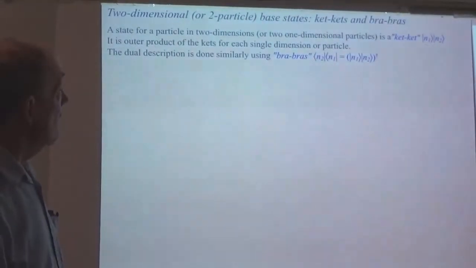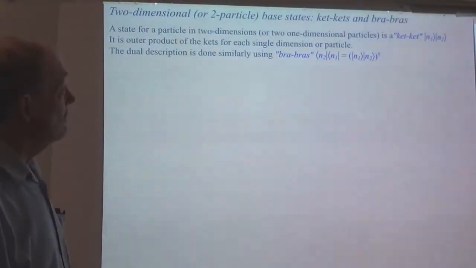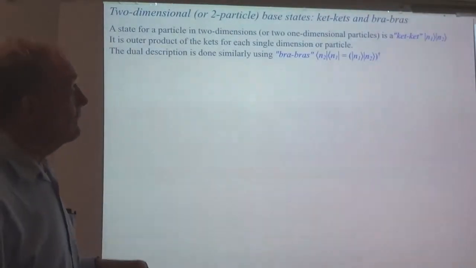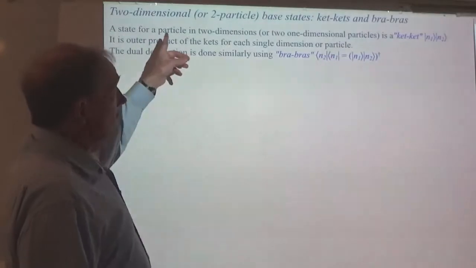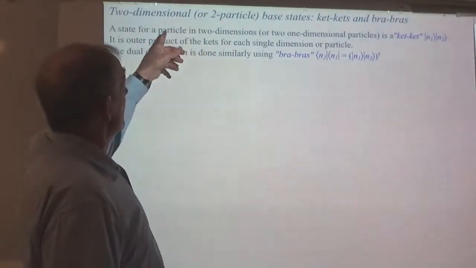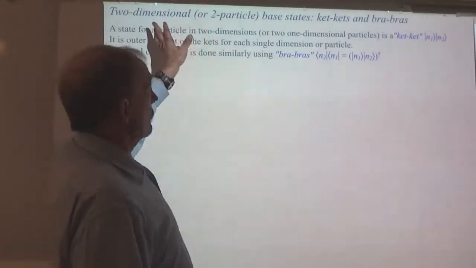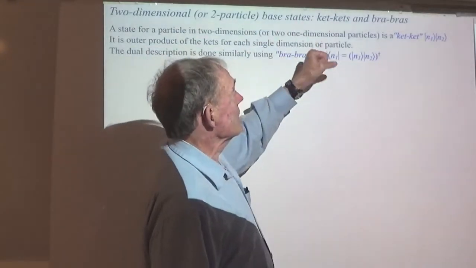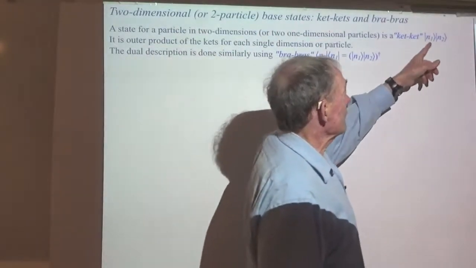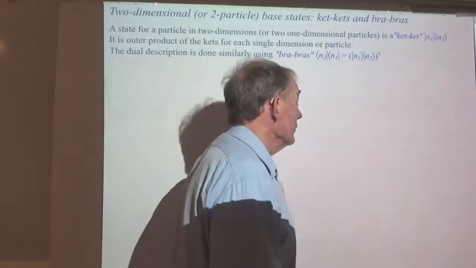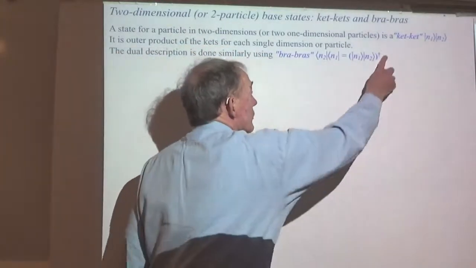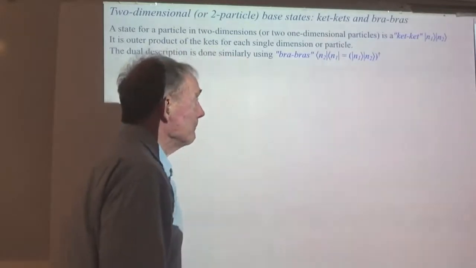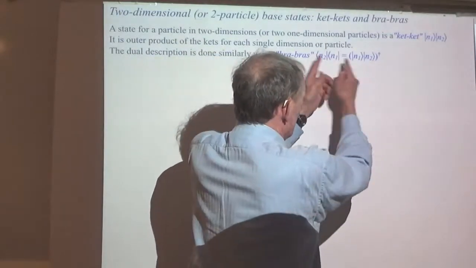Okay, now there's another thing that I want to make sure we go over, and it's something you should already have known. But the usual way to handle two-dimensional or two-particle base states, so-called kets, or the conjugate of that, the bras, which are conjugate kets, and they literally turn the order around.